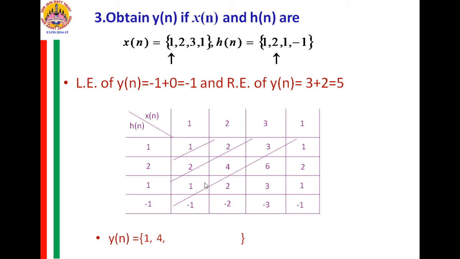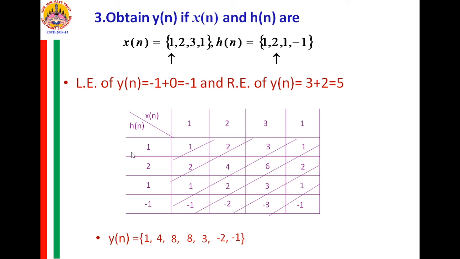Next diagonal elements are this 4 plus 3 plus 1, that is 8. Next, this 6 plus 1, 7 plus 2, 9 minus 1 is 8. The next elements are this 3 plus 2, 5, minus 2 is 3. Next is this minus 3 plus 1 is minus 2, and this last sample is minus 1.